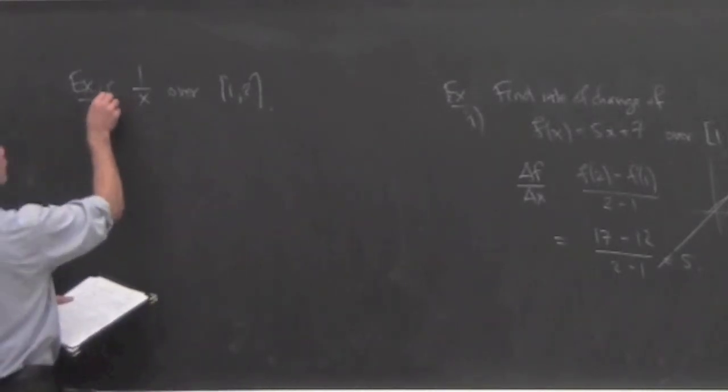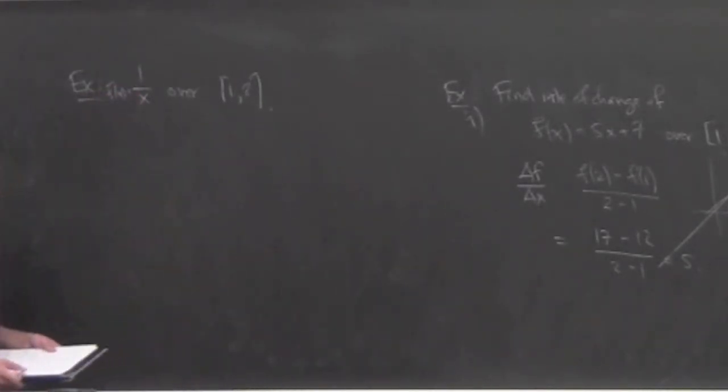So the function is 1 over x, and we want to find the rate of change over this interval.